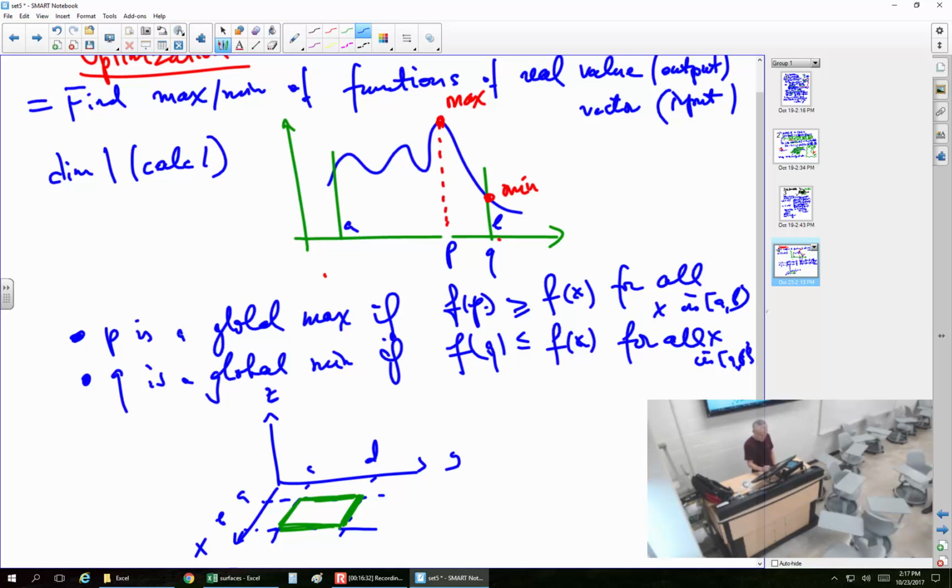And now we are in a similar situation, and we're trying to maximize the function, which is defined over this region, which is often a rectangle. It might look like this. Okay, so that is my surface.